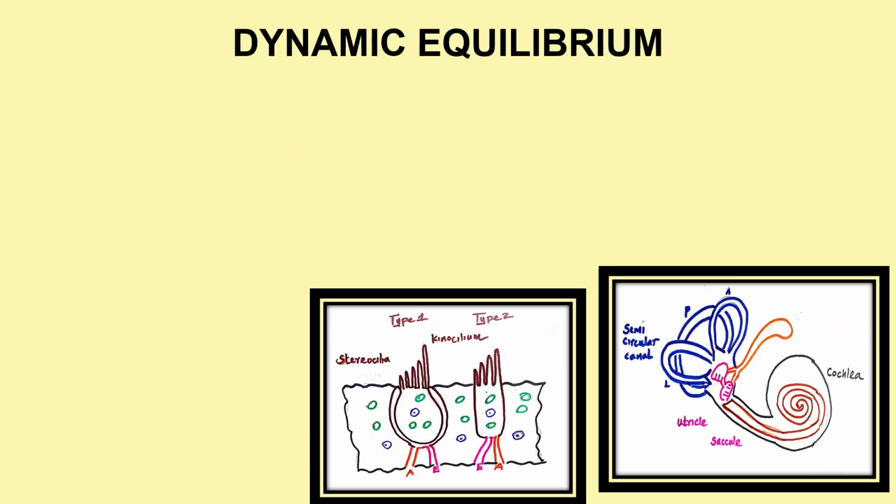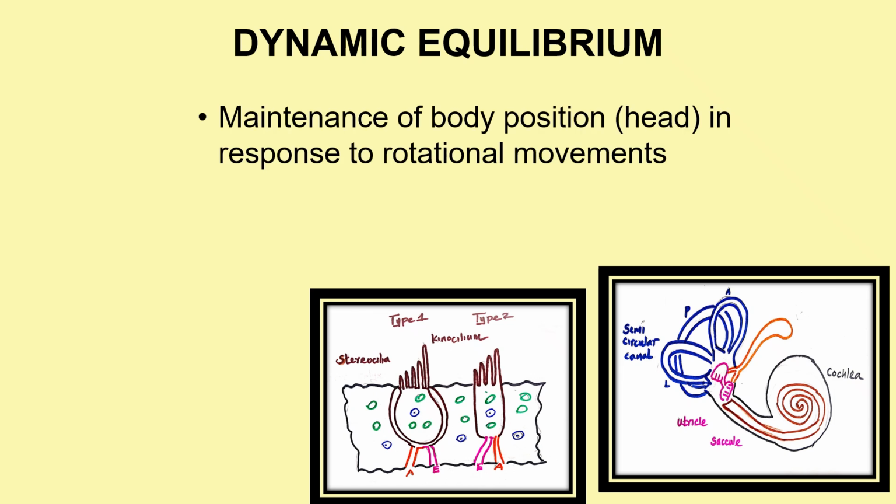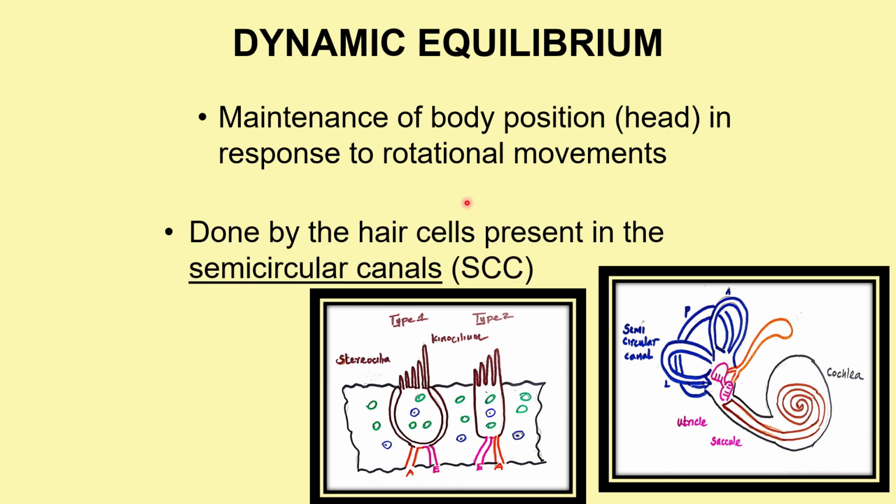Dynamic equilibrium is the maintenance of body position in response to rotational movements. This is done by the hair cells located in the semicircular canals.